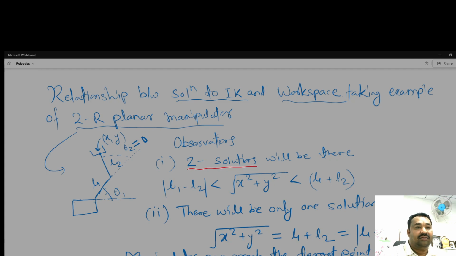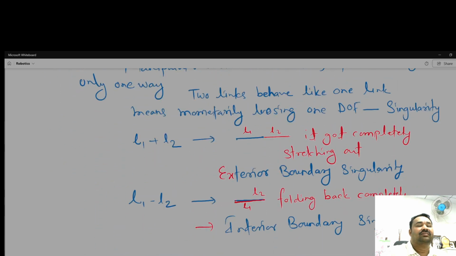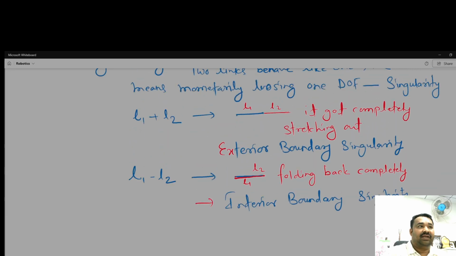If it becomes 180 degrees, that is the second case. Here theta 2 becomes 0, and here theta 2 becomes 180 degrees.